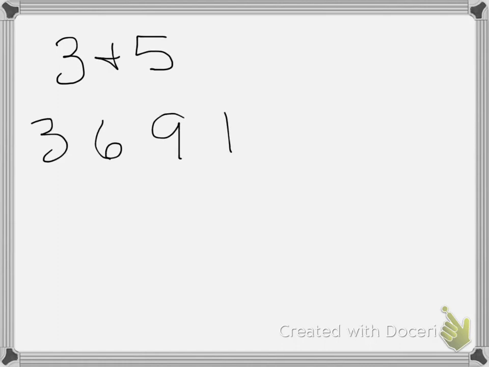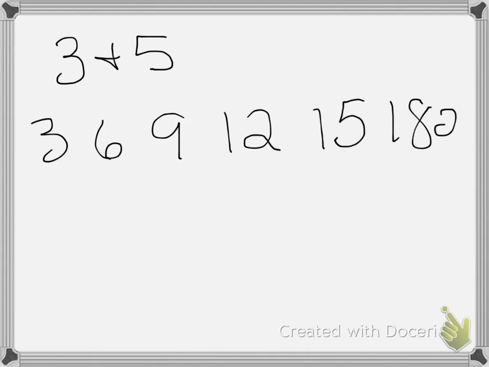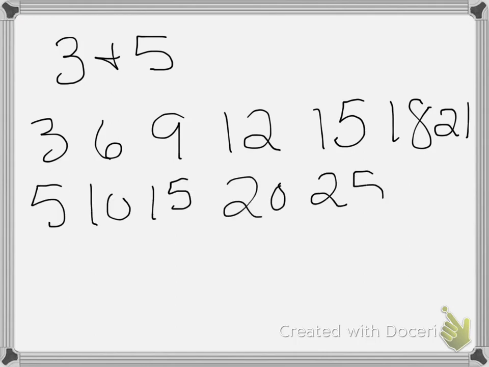Let's try another set of numbers. What about 3 and 5? 3, 6, 9, 12, 15, 18, 21, and 5, 10, 15, 20, 25.